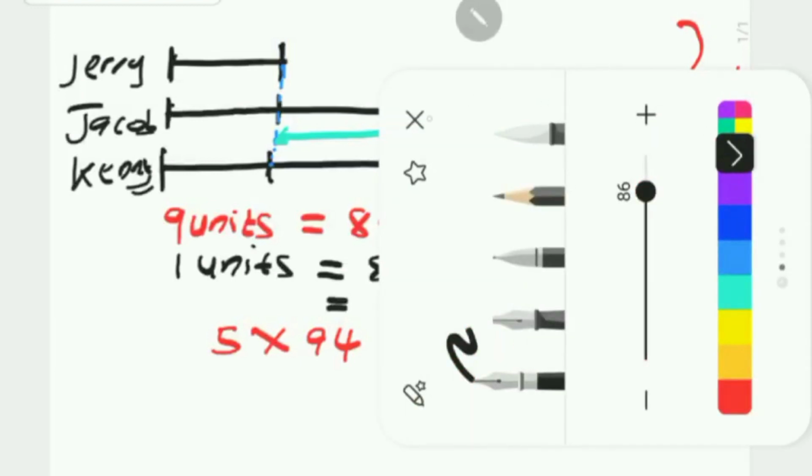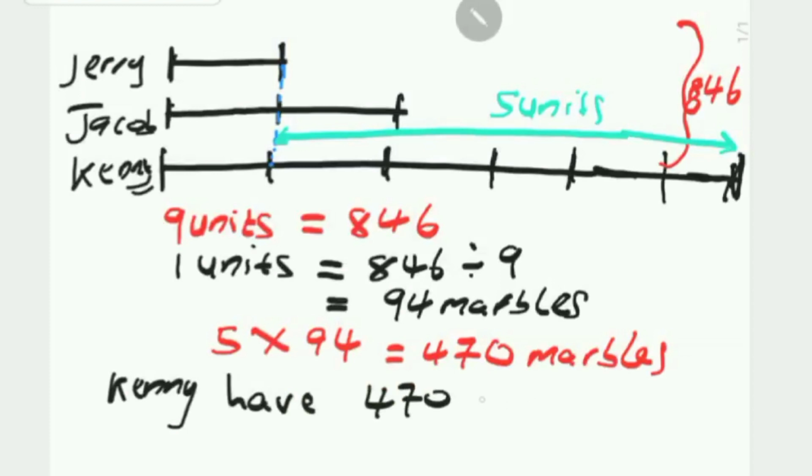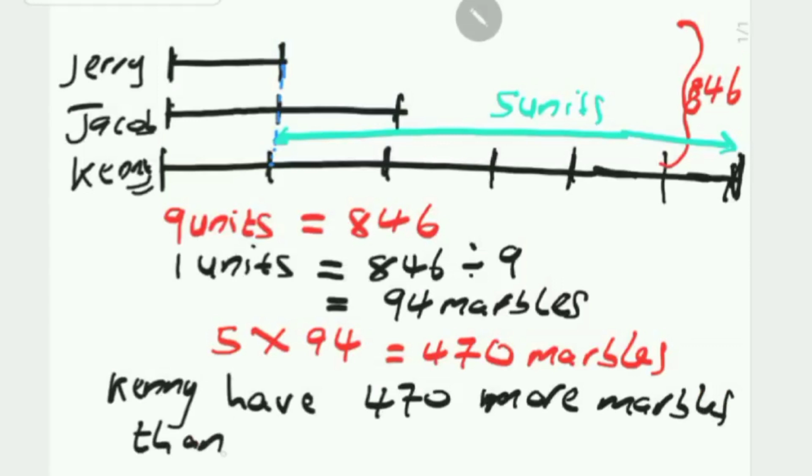At the end, we write our answer clearly: Kenny has 470 more marbles than Jerry. Yeah, so that's how the comparison model works. Good.